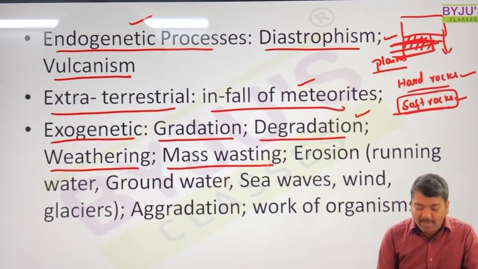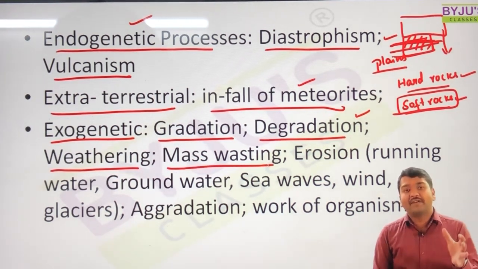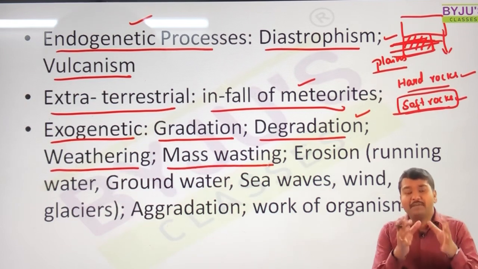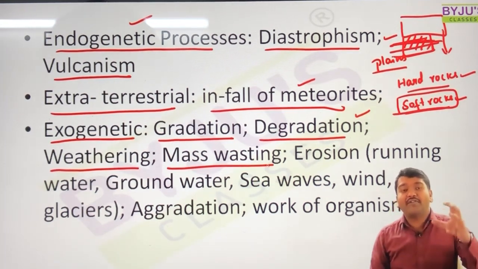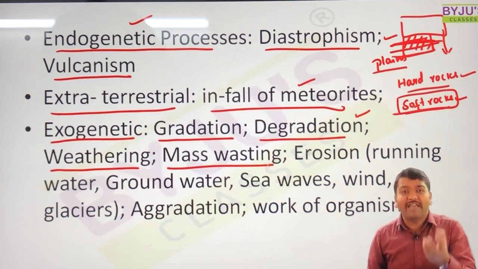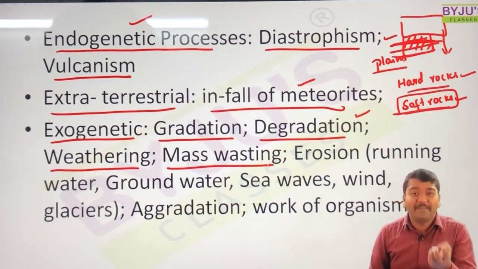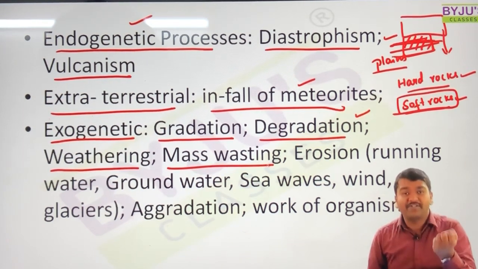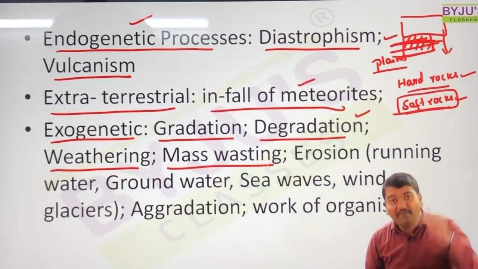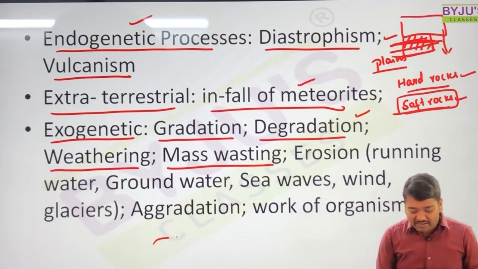Then we talk about mass wasting. If you have some rocks present on the top of a hill, and river water is flowing or rainfall is happening, at that point of time the water will carry some amount of rock debris along with it downhill. So the rock debris which is present on the top will flow down with the slope.